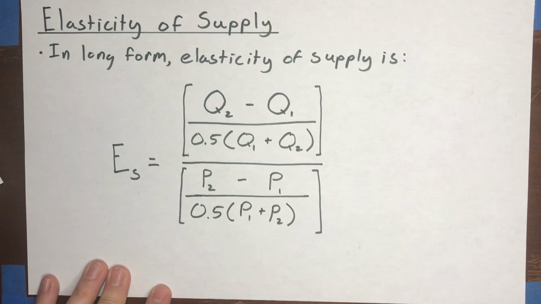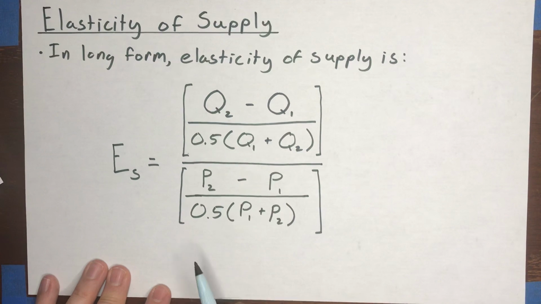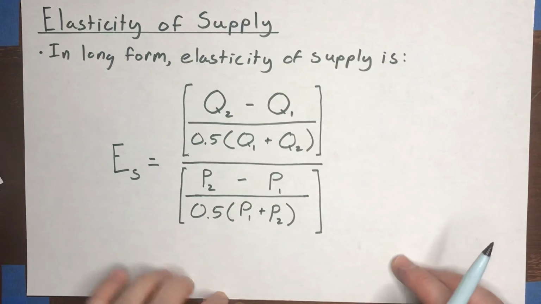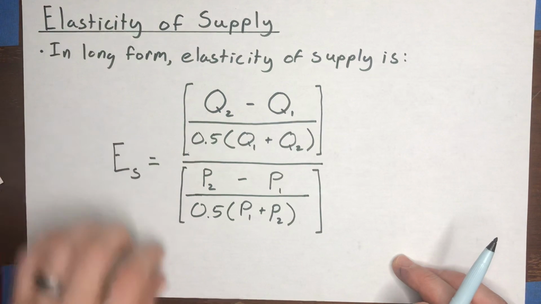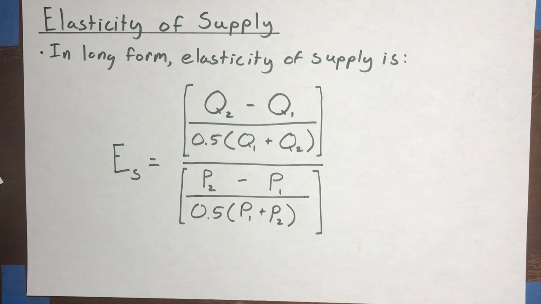And then for the percentage change in price, you take the new price, subtract out the old price, and divide by the average of the two prices. And then once you have those two percentage changes, just divide the percentage change in quantity by the percentage change in price, and the result is elasticity of supply.